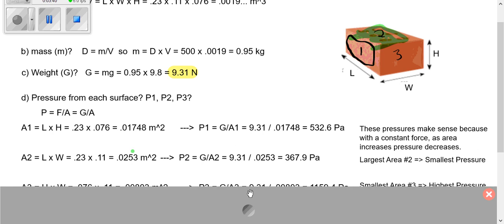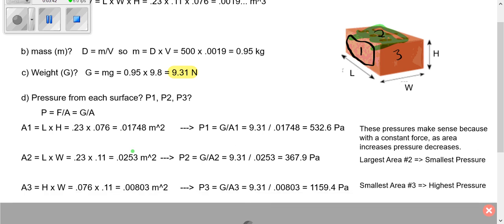Finally, for the last one, area 3, which would be the side that I labeled 3 here, so the brick is standing up on end, you should get 1159.4 pascals. Those are your answers for the different pressures from the different sides.